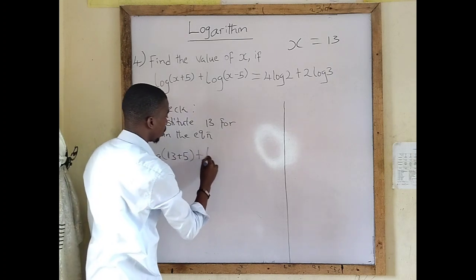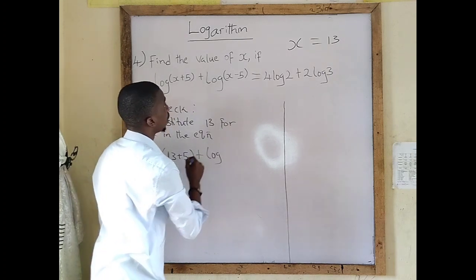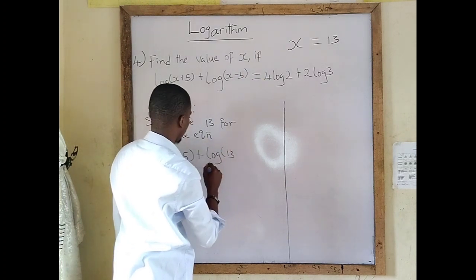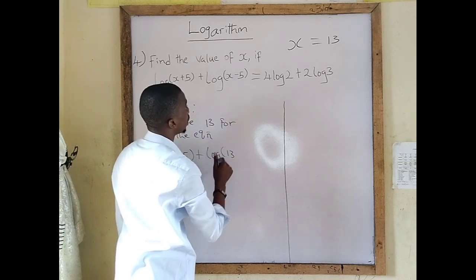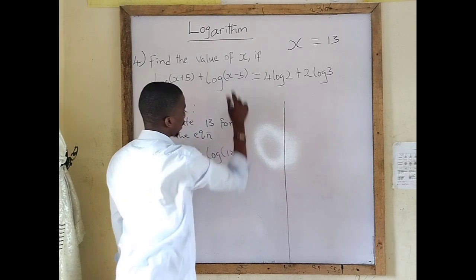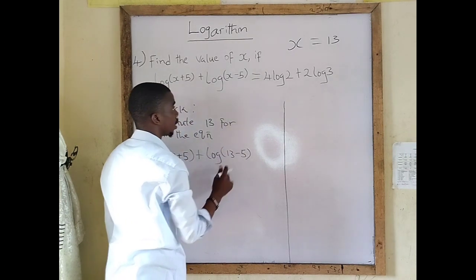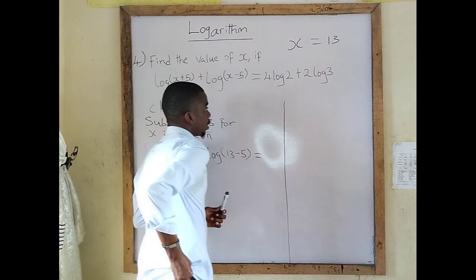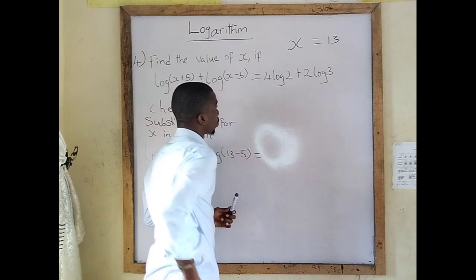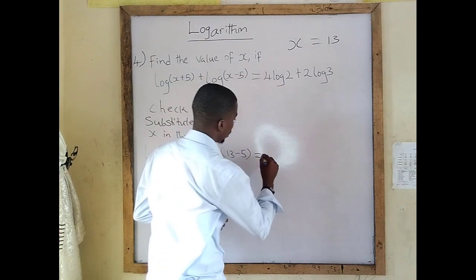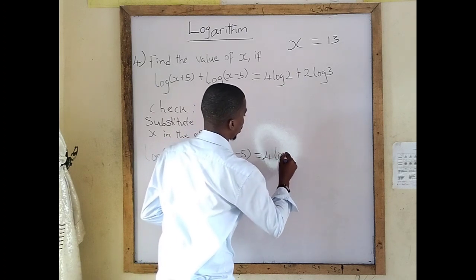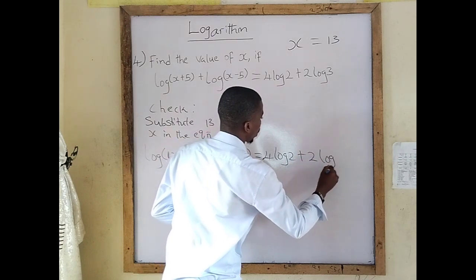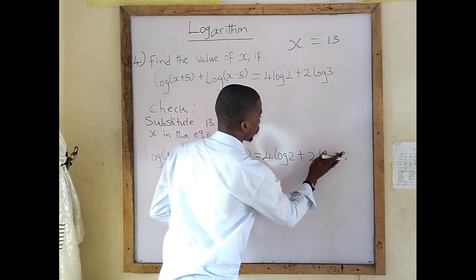So we have plus log, where we have x we put 13, 13 minus 5, this is equal to 4 log 2 plus 2 log 3.